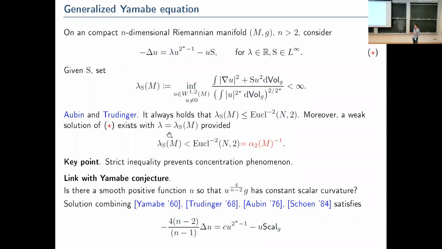This was solved by the combination of these works, and the solution satisfies this equation. This S is generalized in this equation because in the real problem you really have the scalar curvature.